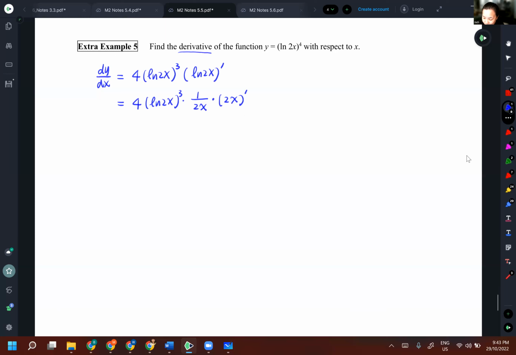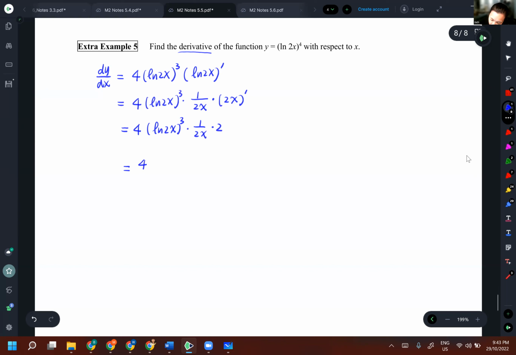I hope you see. So this one is also a 3-layer, I guess. 4 log 2x cubed, 1 over 2x times 2. Final answer: 4 log 2x cubed divided by x. Not particularly different, I guess.